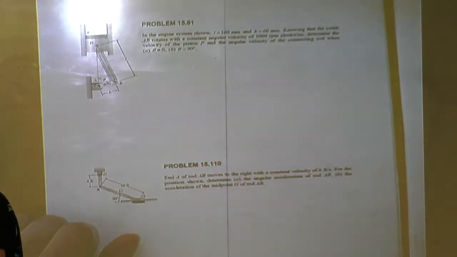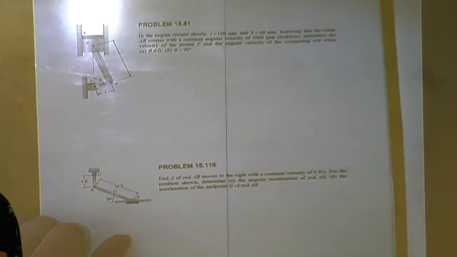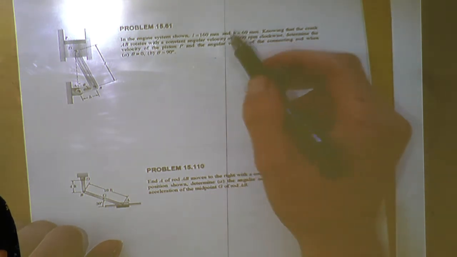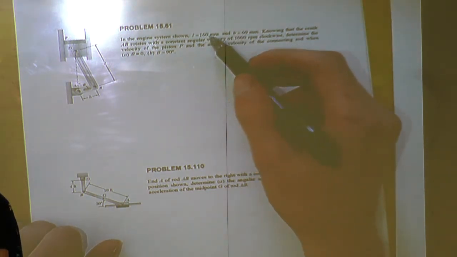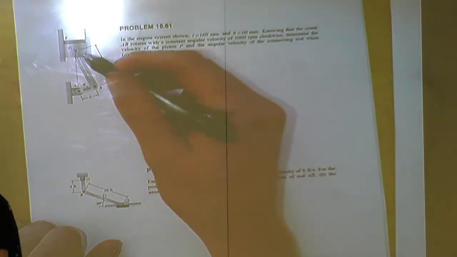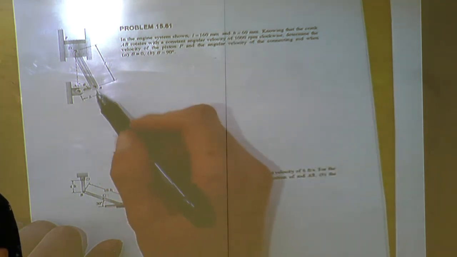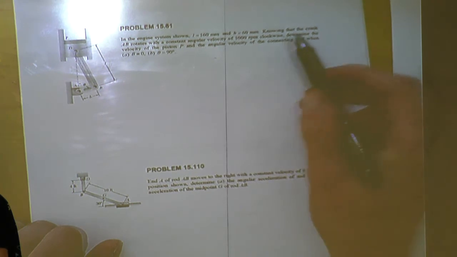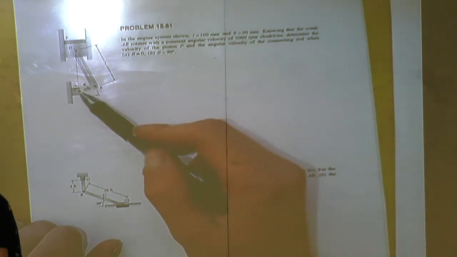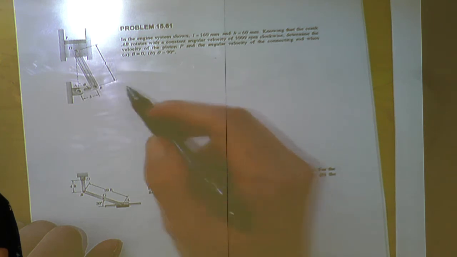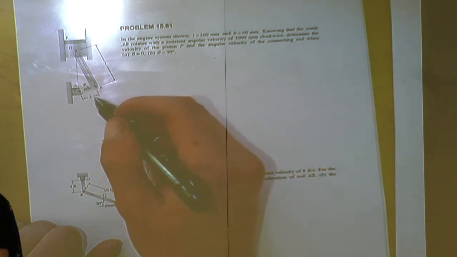All right, let's see, 15-61. So here we're given this length right here, D to B, and this length from A to B. We know that this rotates at a constant angular velocity of 1,000 RPM clockwise.